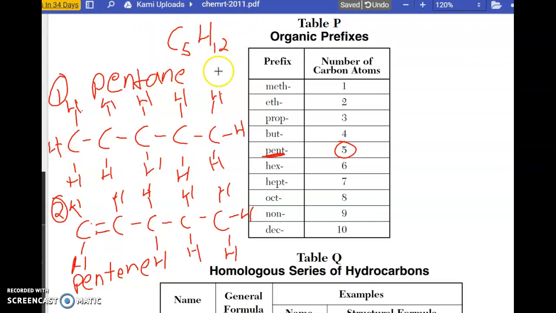So this is the general formula, also known as the molecular formula. And in this case, it's also the empirical formula. In case you don't remember the difference between molecular formula and empirical formula, just quickly on the side, note what they are. The molecular formula is the more complex one.